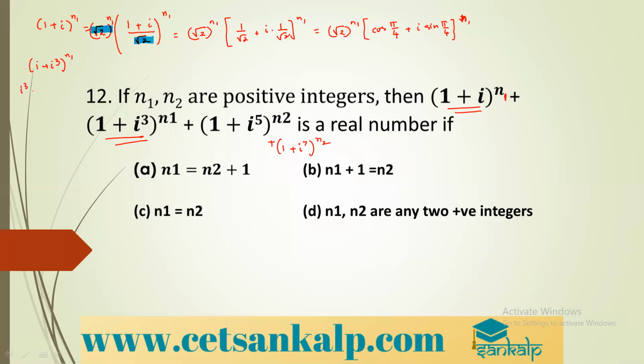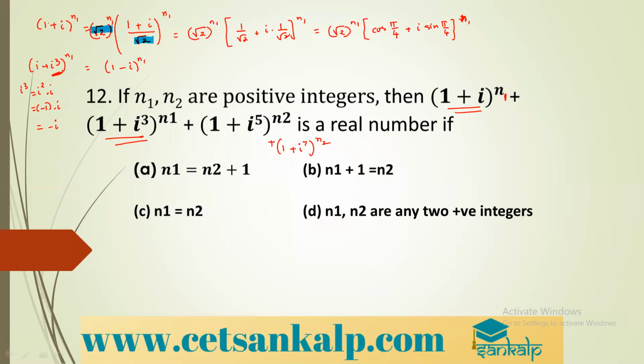Actually, i cube means i square into i. i square is minus 1, into i, so it is minus i. So it changes to (1 minus i) power n1, because i cube is minus i.